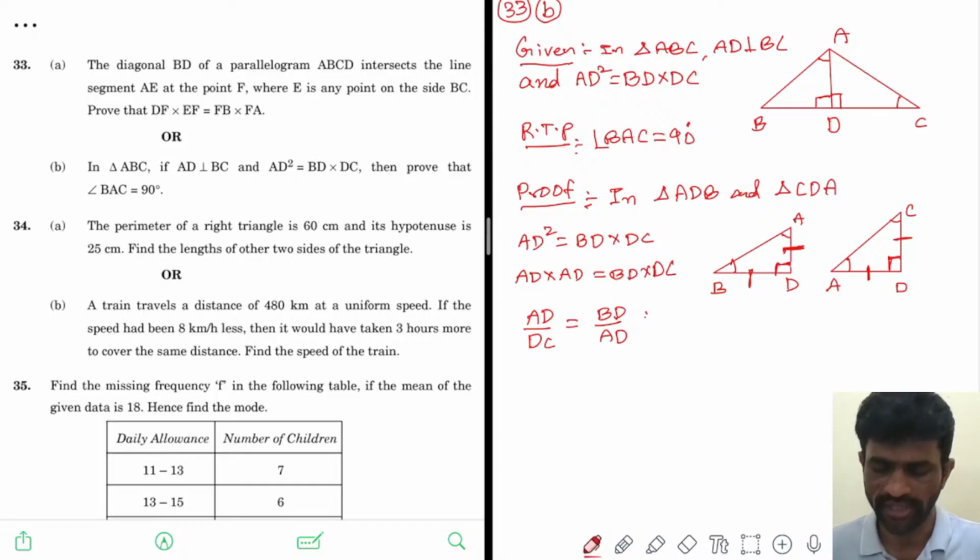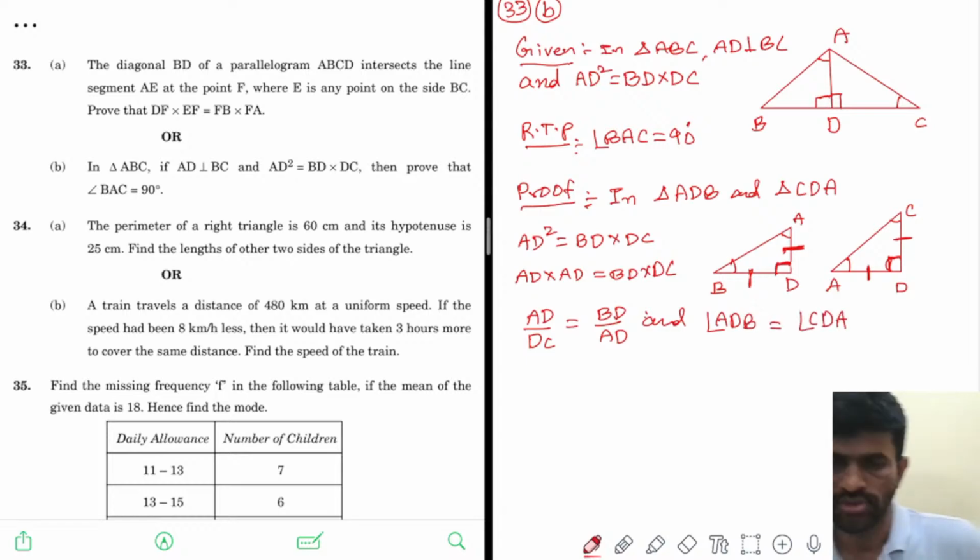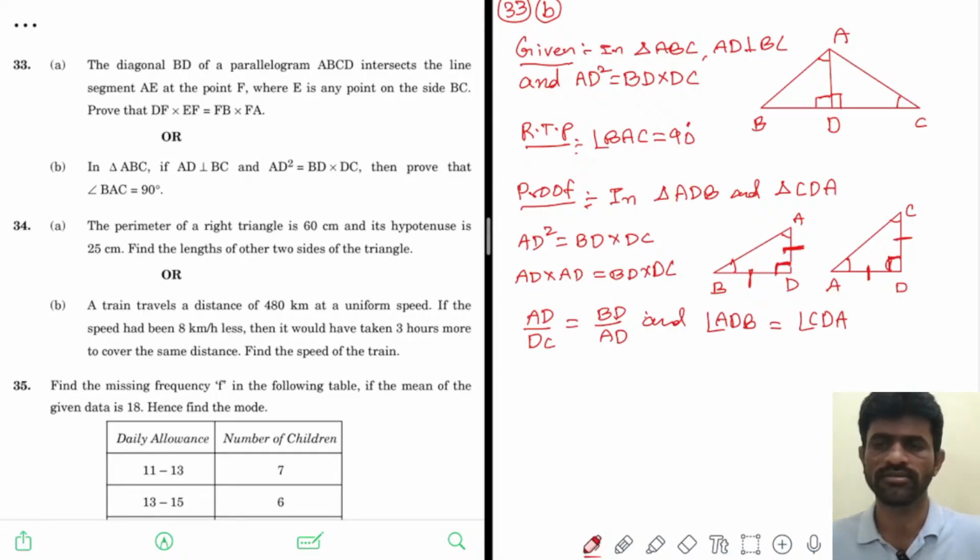And one more point we can write: included angles are 90 degrees. So what we got is angle ADB is equal to angle CDA. So observe these two triangles.